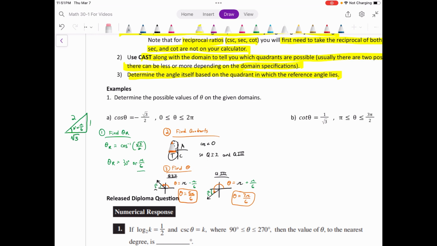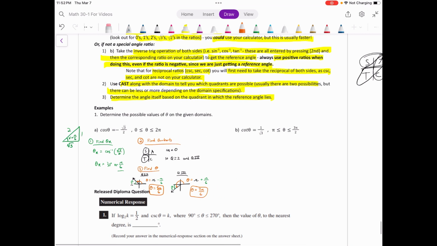So 2 and 3 in this case. And then it's just finding out what that actual angle would be. What is the angle in quadrant 2 that has a reference angle of pi over 6? What is the angle in quadrant 3 that has a reference angle of pi over 6? And using those relationships to figure it out. Pretty cool, right? I find these very satisfying.